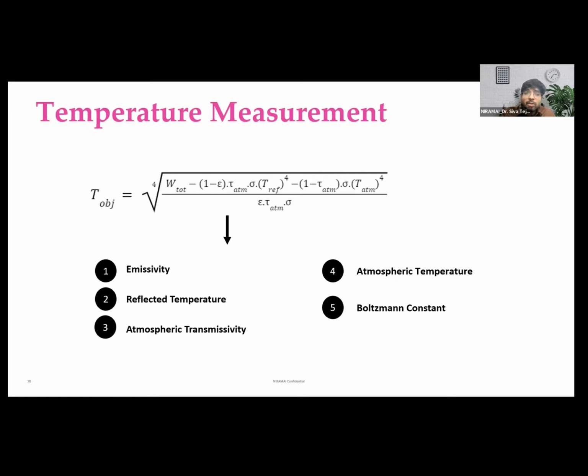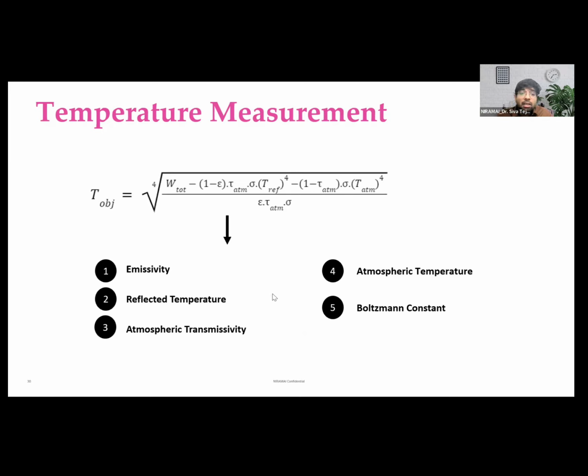And this is very important because when we talk about the temperature value computation, for those who want to work in this area, these parameters are absolutely critical if we want to measure accurate temperature values. For example, if you are measuring a human body, the emissivity value is set to 0.98.